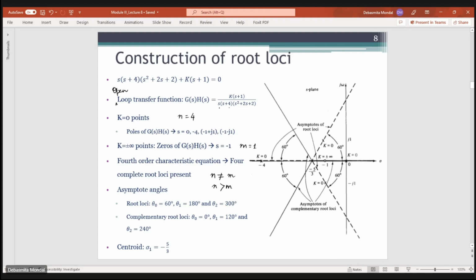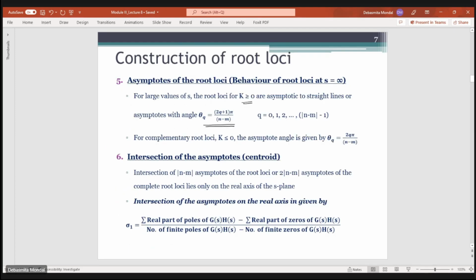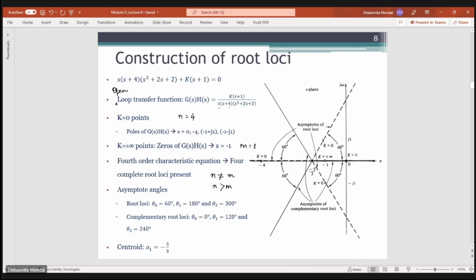And the asymptote angles you can find for these root loci. So the asymptote angles will be theta 0, which from the previous equation equals pi by n minus m, being 3. So you have pi by 3, which is 60 degrees. Then theta 1 equals 3 times theta 0, which is 180 degrees, and theta 2 equals 300 degrees.